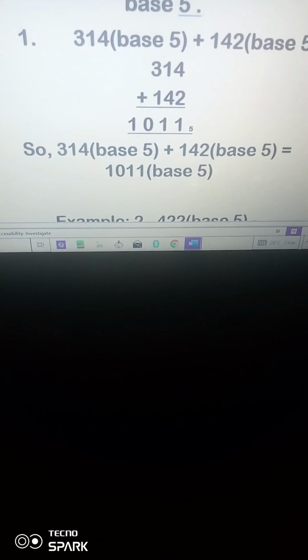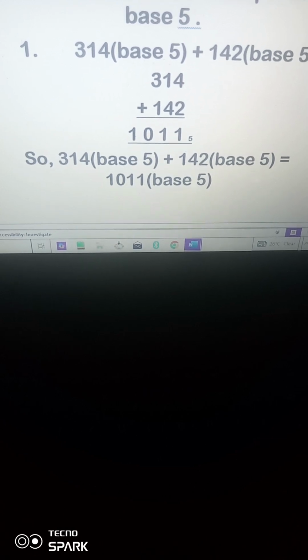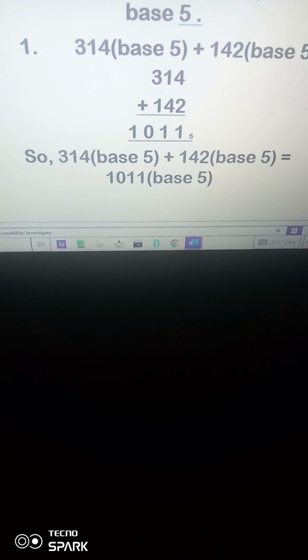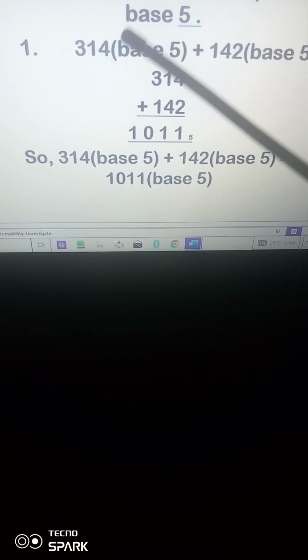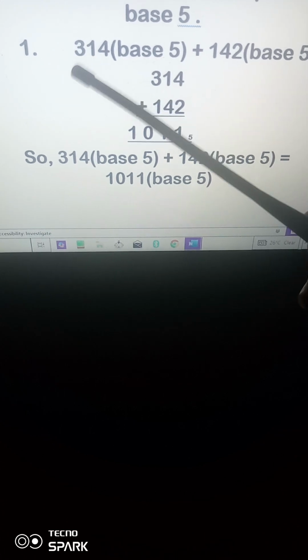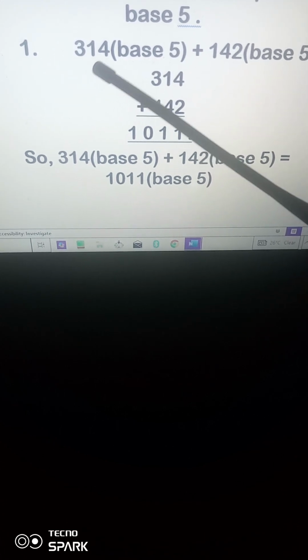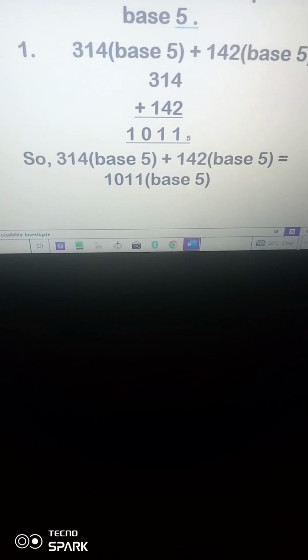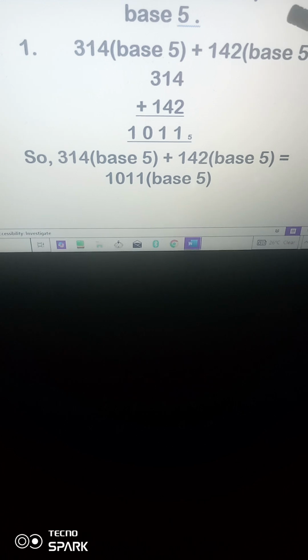Now we are going to take an example of addition. Example 1: 314 base 5 plus 142 base 5. We are going to do addition.